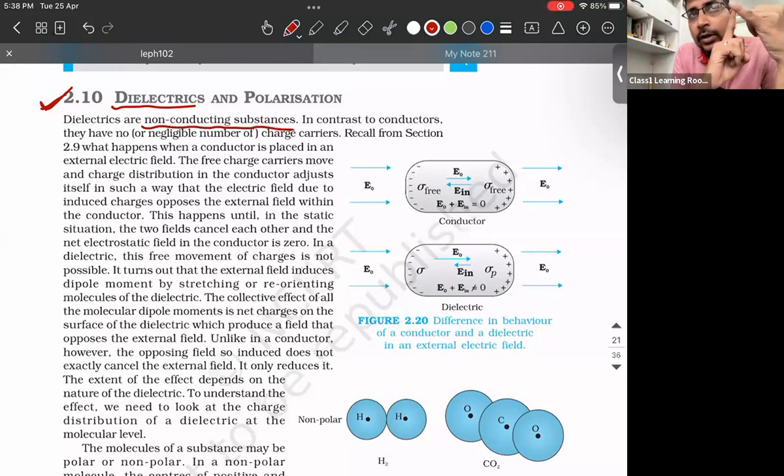So I'm going to give you work where you need to take from the concept of dielectrics and polarization till the end of this chapter, and make notes of everything by going through the pre-recorded videos. You have time from tomorrow, Wednesday, till Monday. By Monday, 5:30 p.m., I want all your notes to be uploaded in the app.